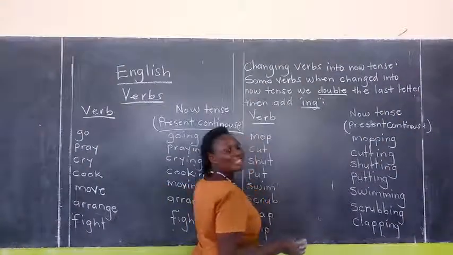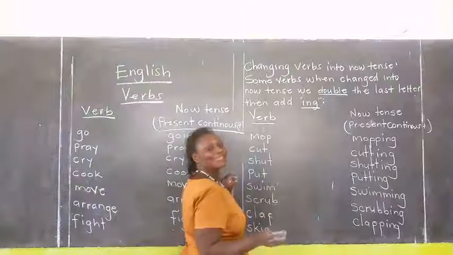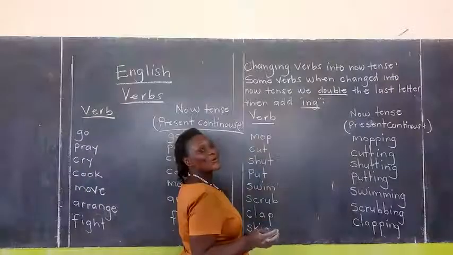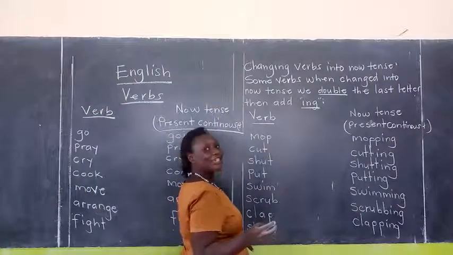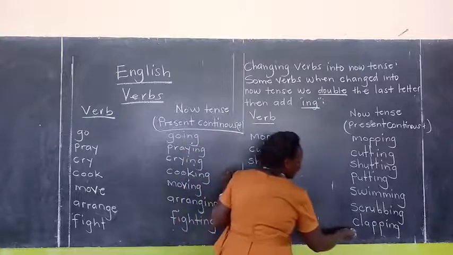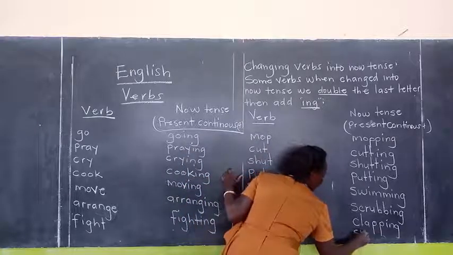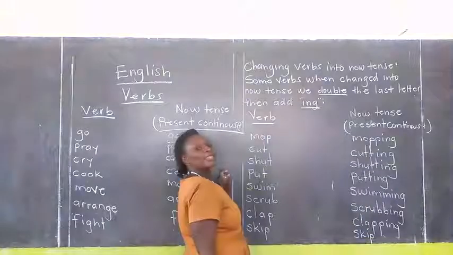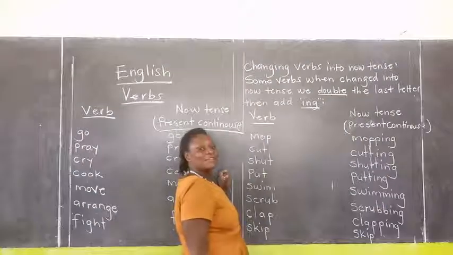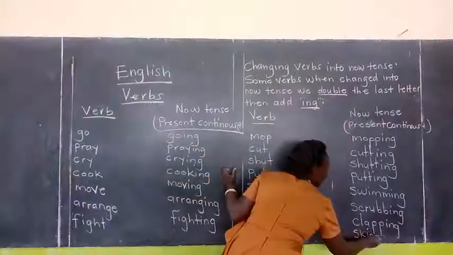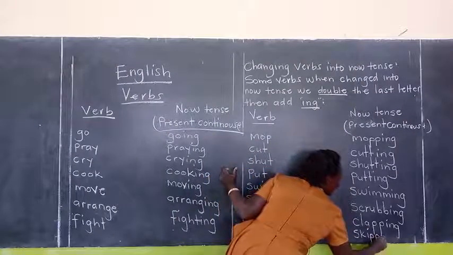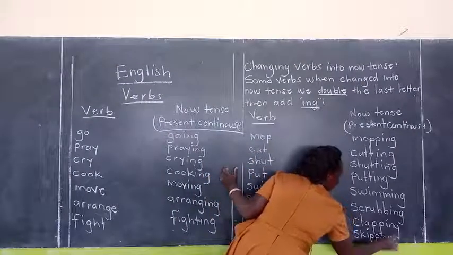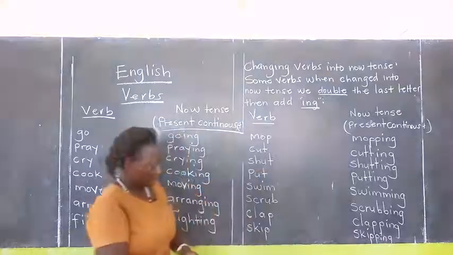When we are changing it into now tense, it is not going to remain skip. No, it will change to skipping. You write your verb skip. Then you double the last letter by adding another P. Then ing. That is skipping.